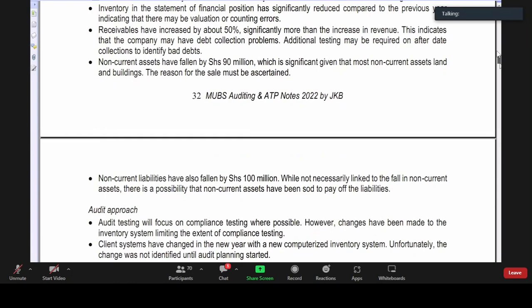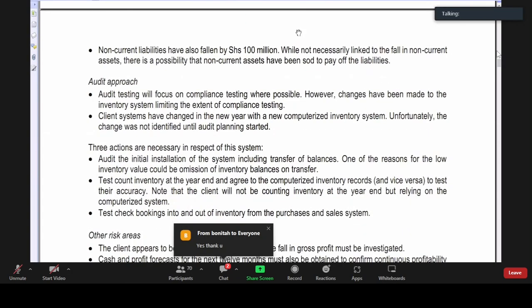So what will be your approach? Your approach will be to test compliancy, like, are they complying with the tests of controls? However, changes have been made to the inventory system, limiting the extent of compliance testing. Here the compliancy will be in terms of the revenue recognition, right?